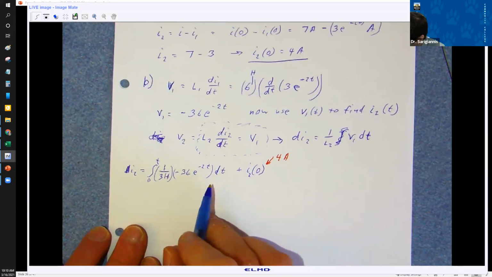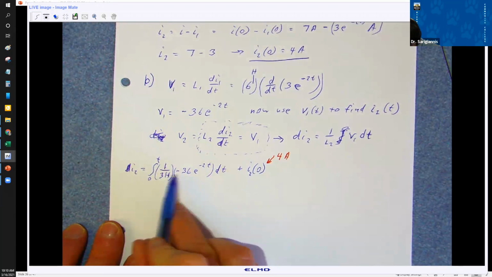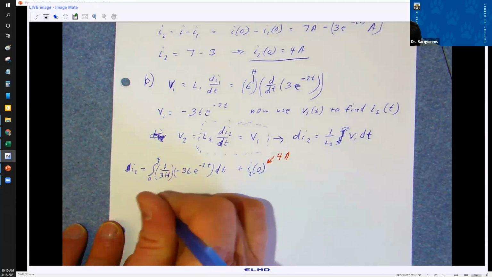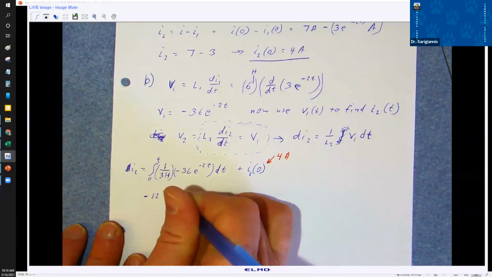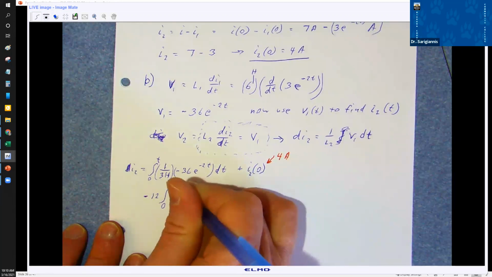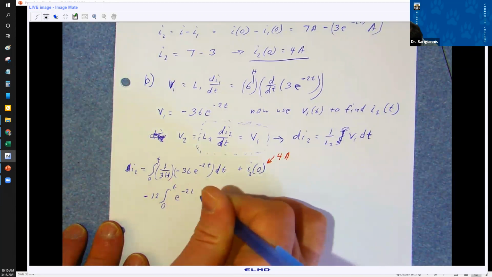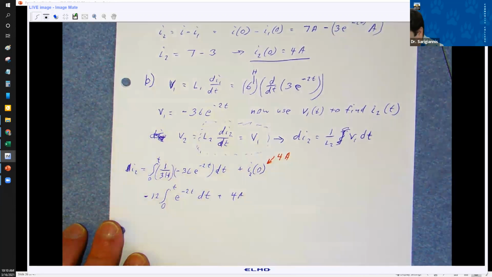Let's lump this together. Let's reduce this thing. So we're going to have a minus 36 over 3 out here. So we're going to have minus 12 integral 0 to t e to the minus 2t dt plus 4 amps, right?